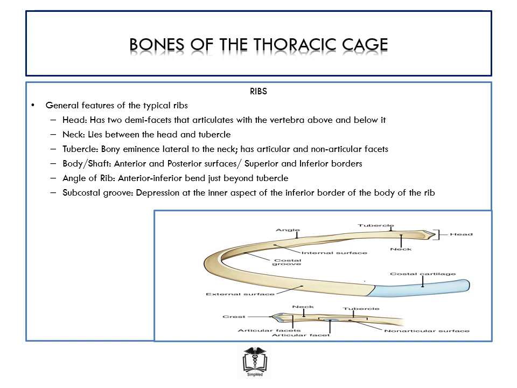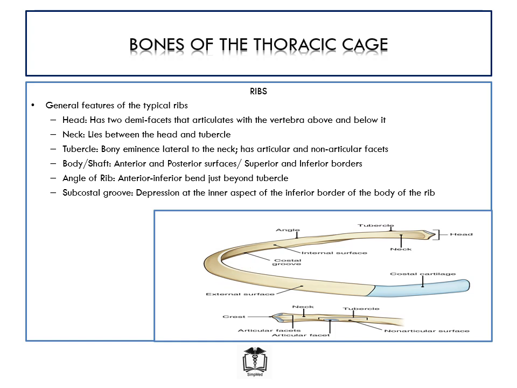So the superior border, as shown here, is the part that is pointing upward, the most superior part of the rib. The inferior border is the part pointing downwards, the most inferior part of the rib. And then we have anterior and posterior surfaces. The anterior surface is the part that is pointing outwards, and then the posterior surface is the part pointing inwards. And that's what we tend to describe in terms of general features of the body of the rib.